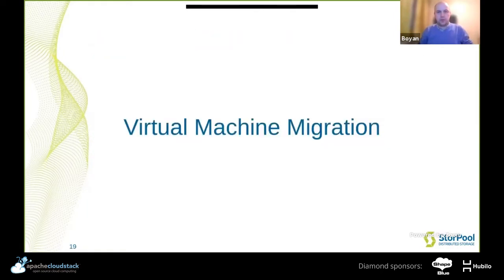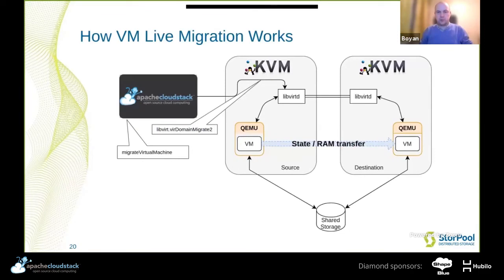Now on to the main topic, which is virtual machine migration, storage migration. So this is how virtual machine migration works in KVM. You have two KVM hosts with the QEMU process of the original virtual machine. You have the migrate virtual machine API call to CloudStack, which in turn performs a libvirt virtual domain migrate call to libvirt.